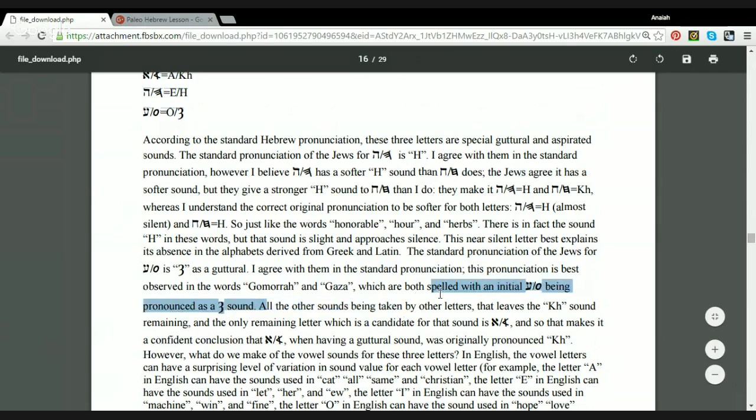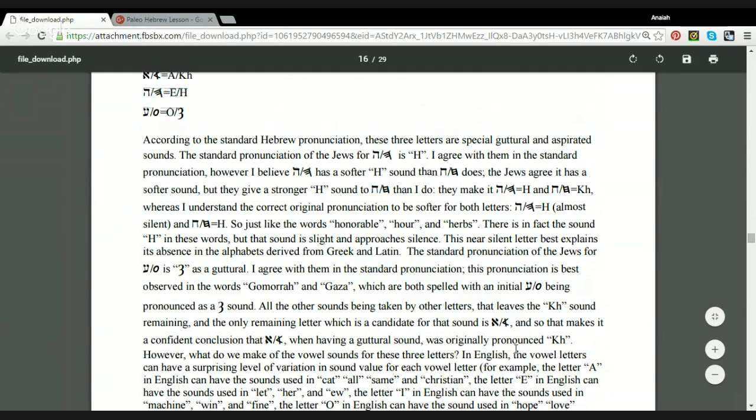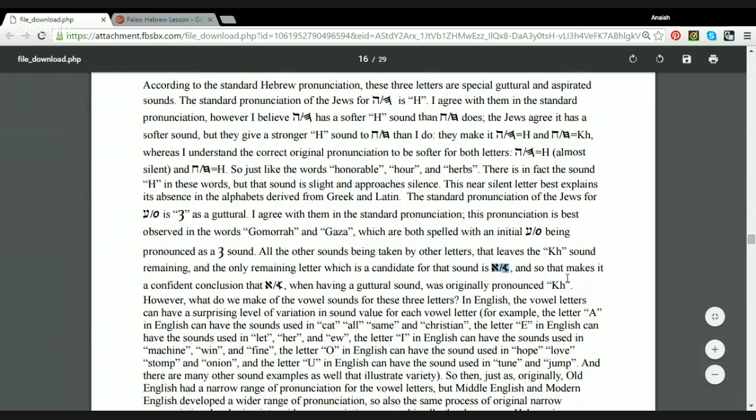And that leaves aleph. There's that kh sound that the het has. But remember, I took it away from het. So now where else does it go? The only place it can fit is aleph, and as I said, the Jews say aleph has a guttural sound, and this is a guttural sound.